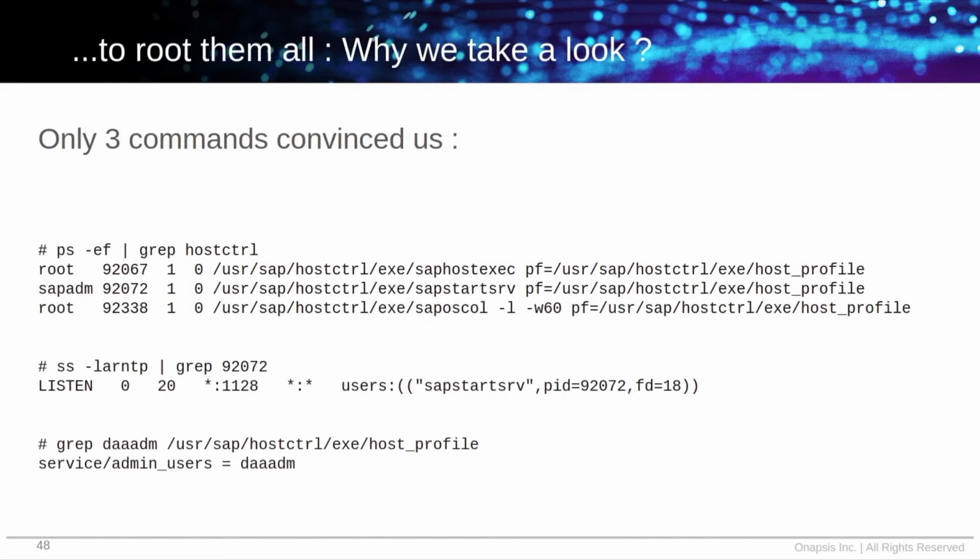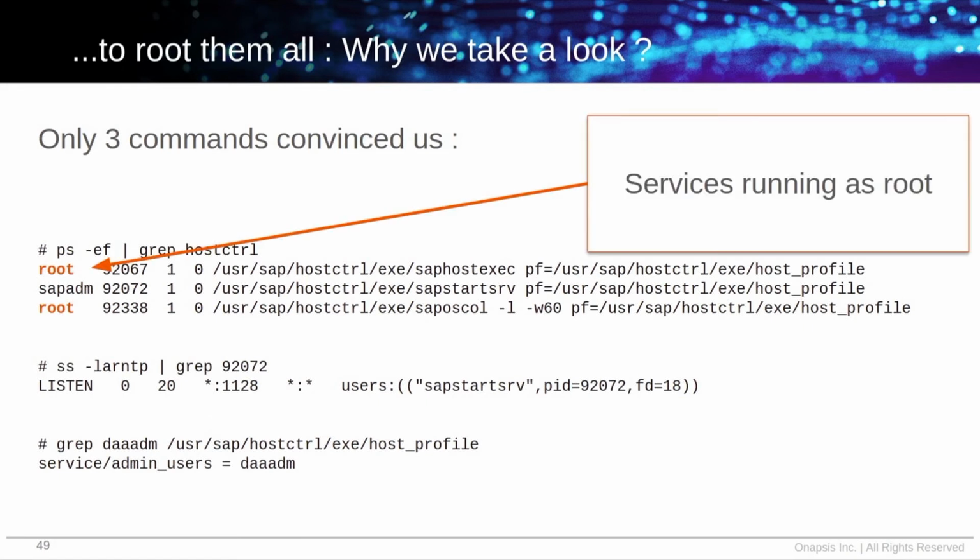Why did we take a look at it? Basically, for three reasons. The first one is there are a couple of services of this agent that run with root privilege. So of course, this is always a good, interesting thing to take a look at in this kind of services.